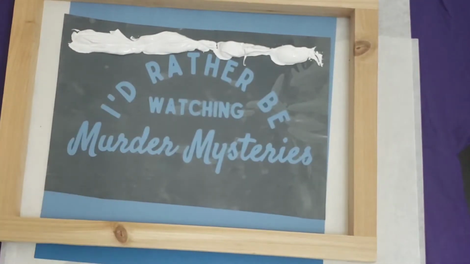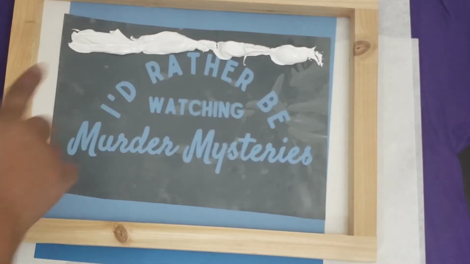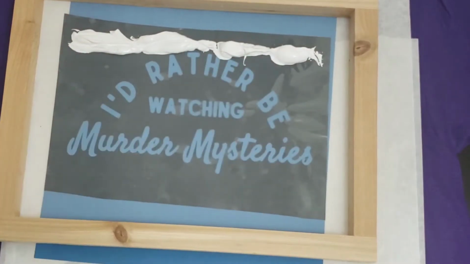I probably need to put something. Let me see, can I find something to put so it won't pass by these areas? I have some labels. Let's see, can I put some strips of label on there for now, because I cannot find my painter's tape?